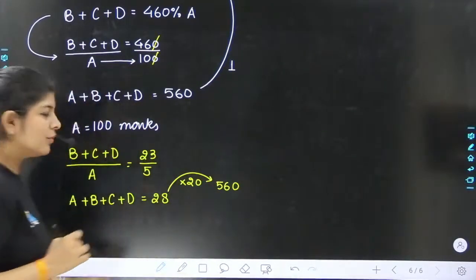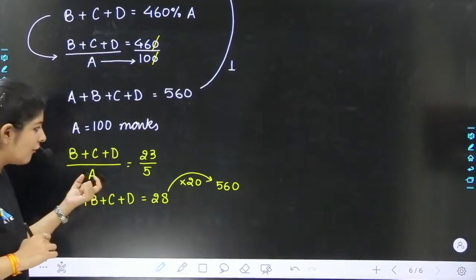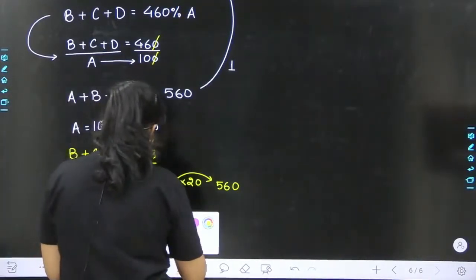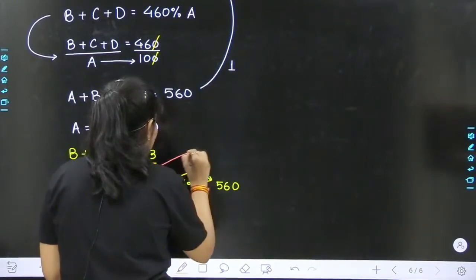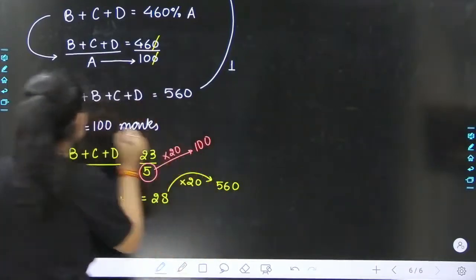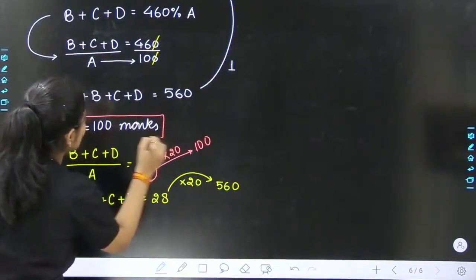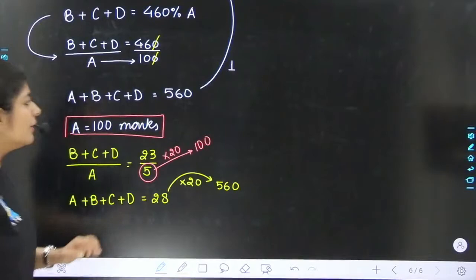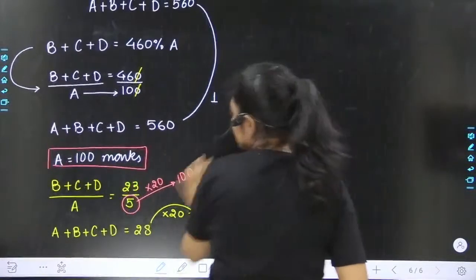Now we have to calculate the marks of A over here. We multiply this 5 by 20 and we will get 100 as my answer. That means the marks scored by A is equal to 100. Now let's consider the second equation.